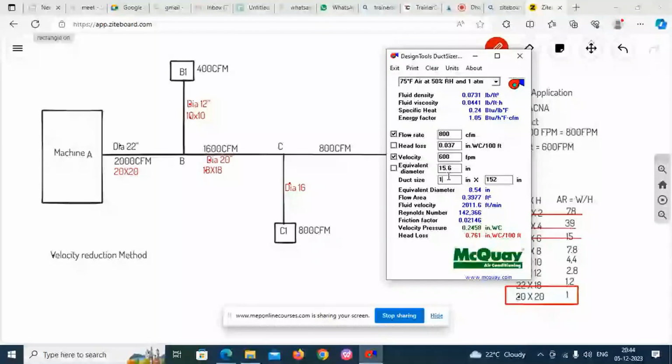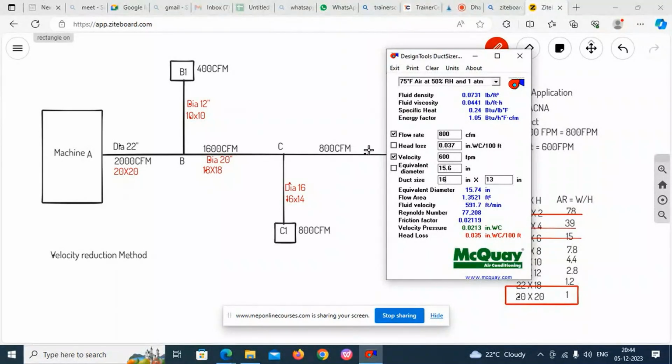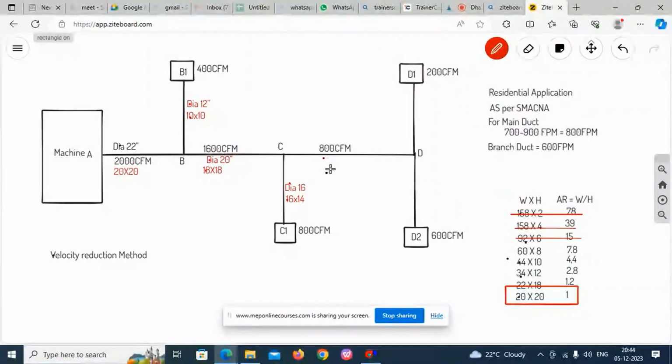You can decrease to 16 by 14. 16 by 13 is the last value. So 16 by 14 you need to take here. Next, 800 and 800. So 13.5, 14 inch. Dia 14 inch.